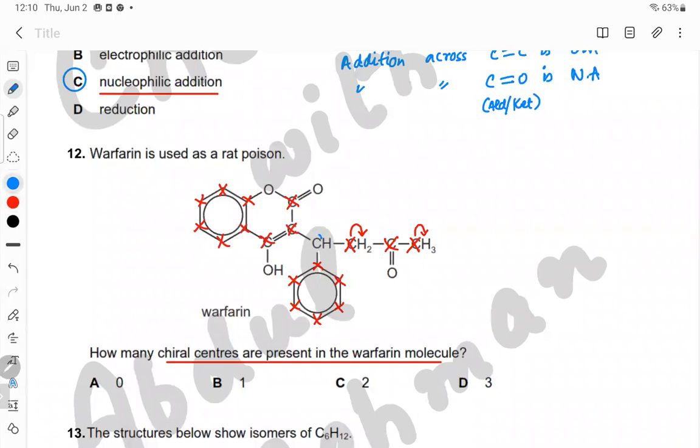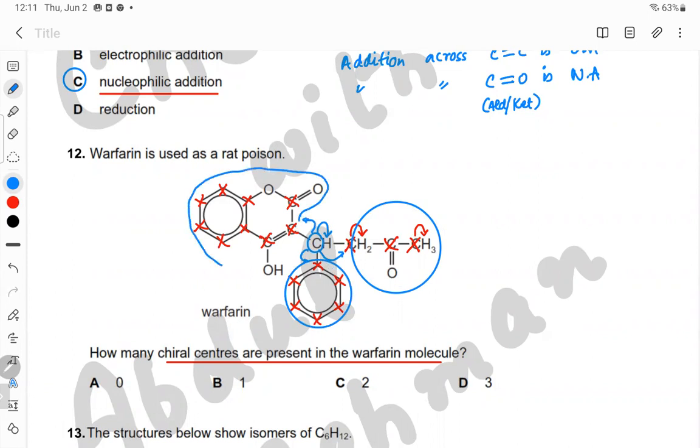Now try to observe this carbon. This carbon has a hydrogen on one side. On the other side, this whole group. On the third side, this whole group. And on the fourth side, we have this group.